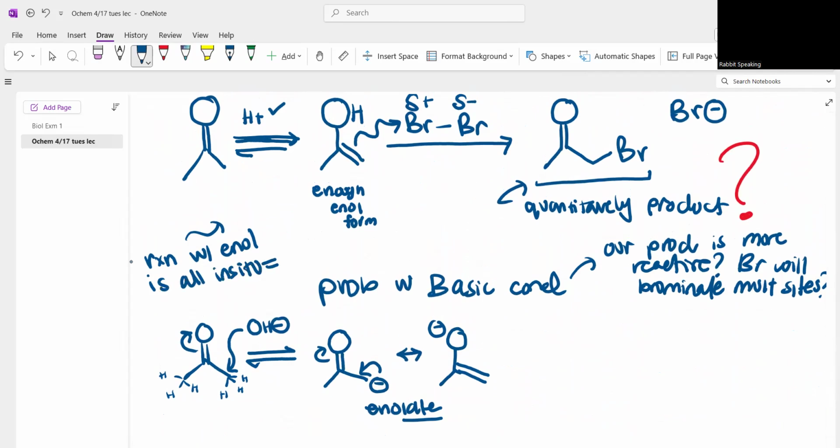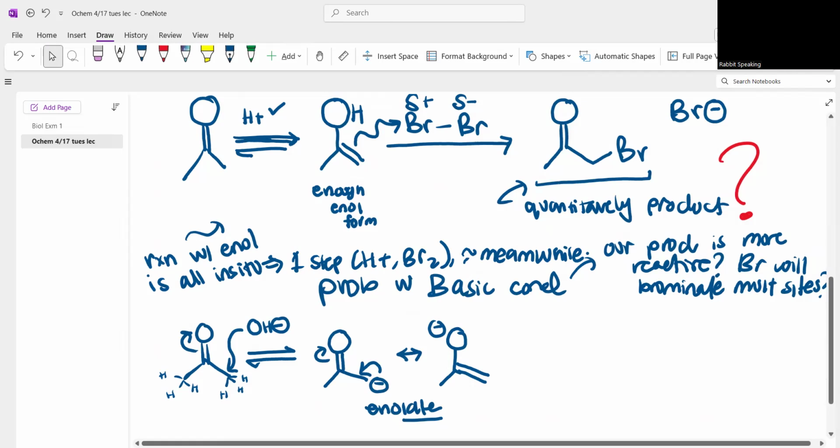What in situ means is it's all happening in one step. In one step, we add our H plus and Br2. It basically means meanwhile.